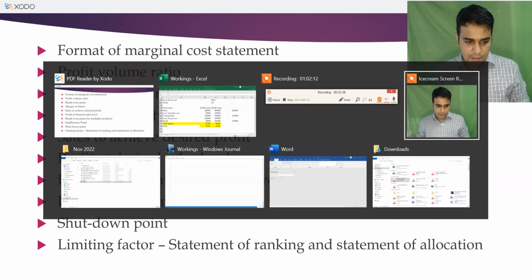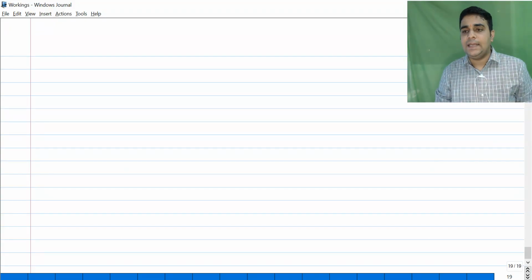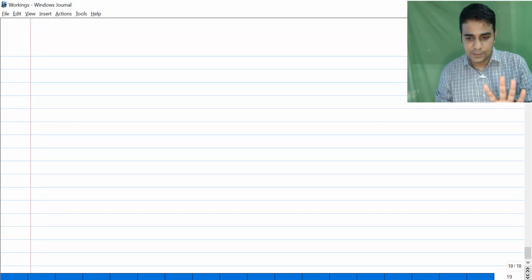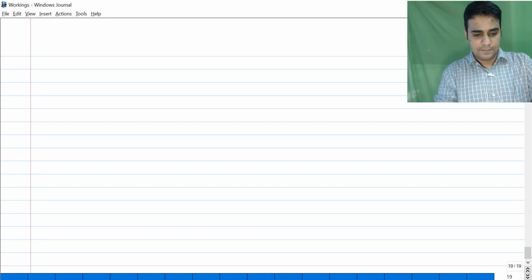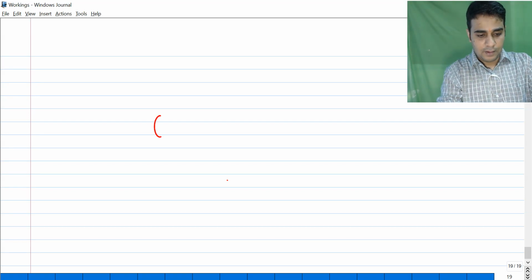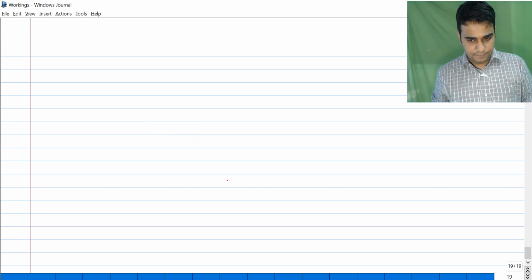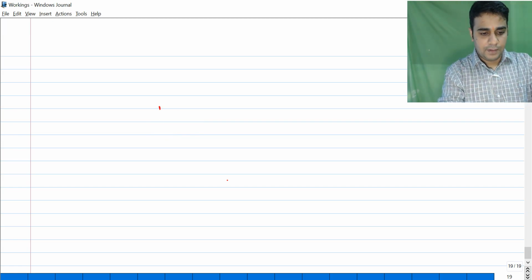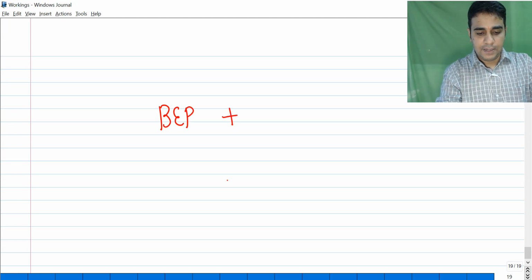Okay. Now comes the break even point and margin of safety. It is a very simple formula. Now listen. Break even point plus margin of safety.